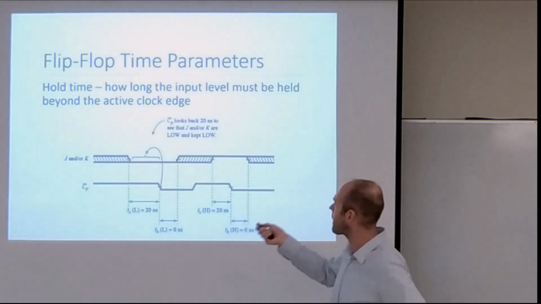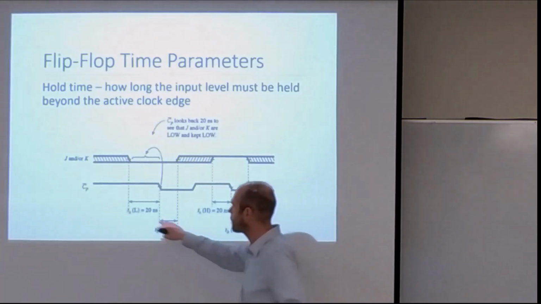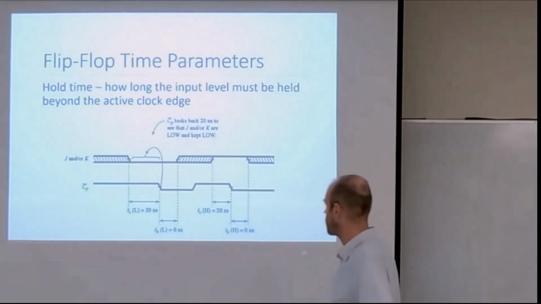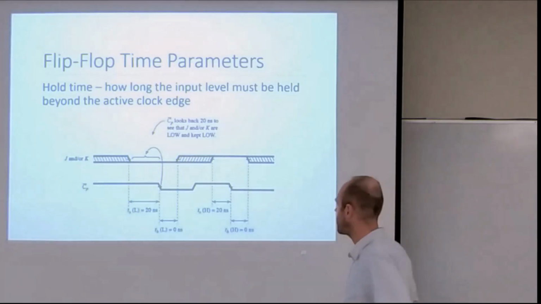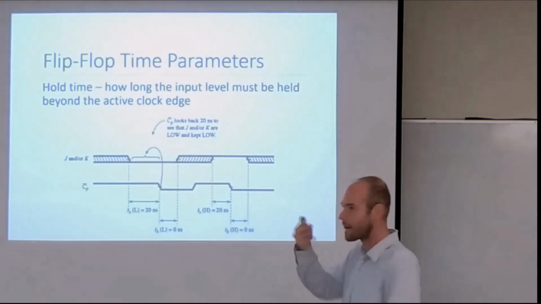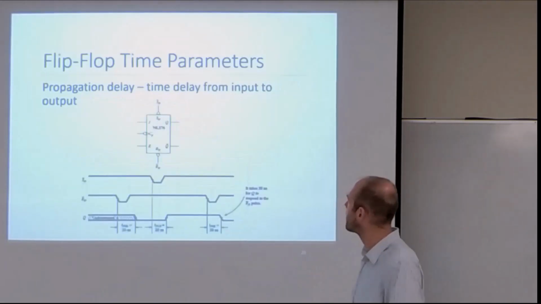So there's an amount of hold time after a clock edge where you don't want to change anything too quick. Otherwise, it could affect the calculation electrically of what happens at the output. So setup time before an edge, hold time after an edge.